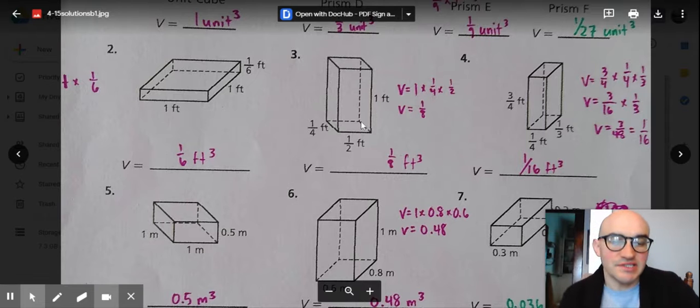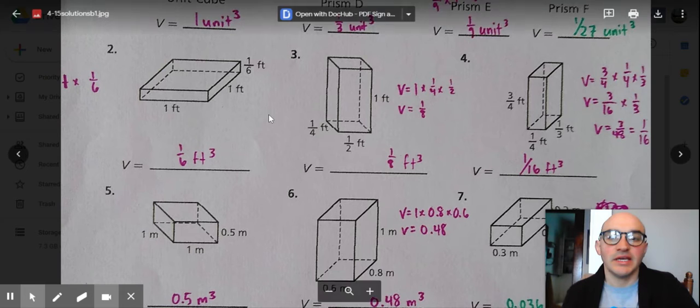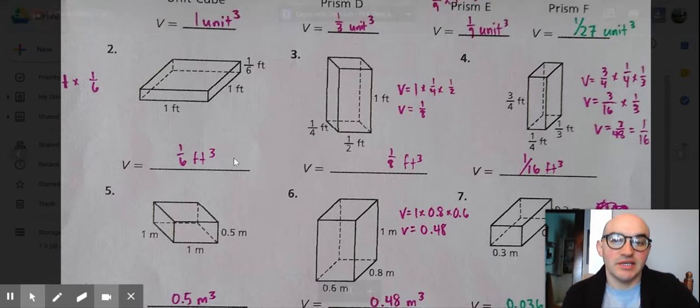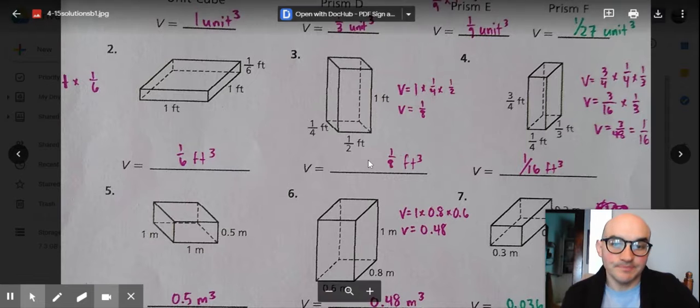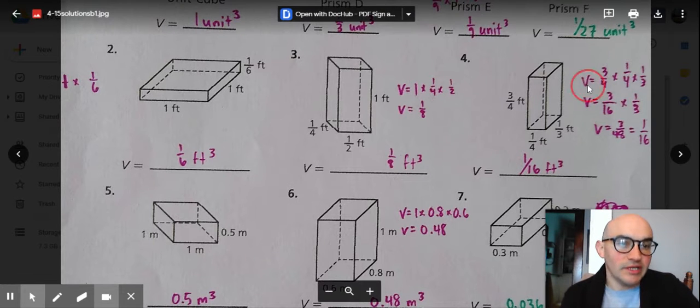So number 2 looks the same. I'm going to just leave the video paused here for just a second so you can take a look. Again, not a lot of computation on most of these. Didn't need to multiply the first one. But remember, when we're finding volume, it's length times width times height. Okay. So here we go, and again on number 4 here, I'm just doing one step per line.